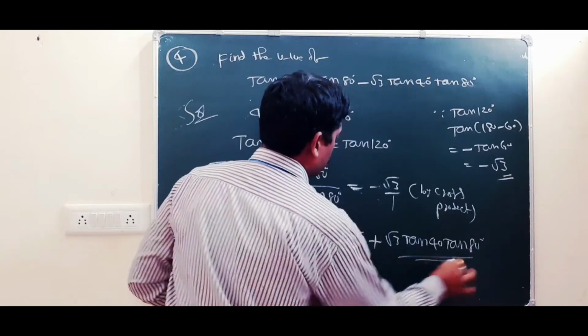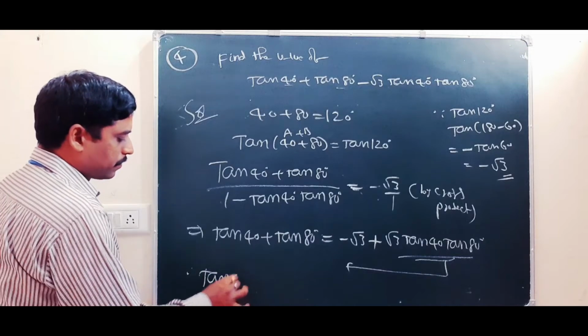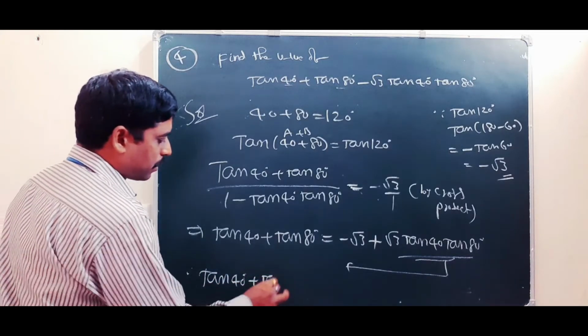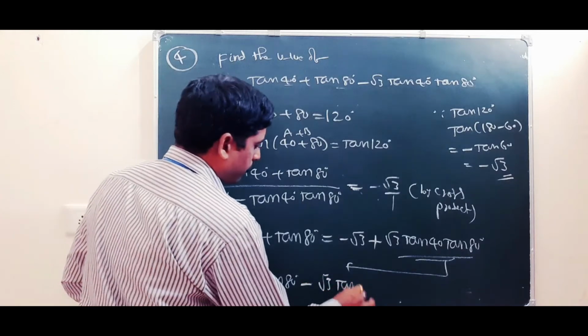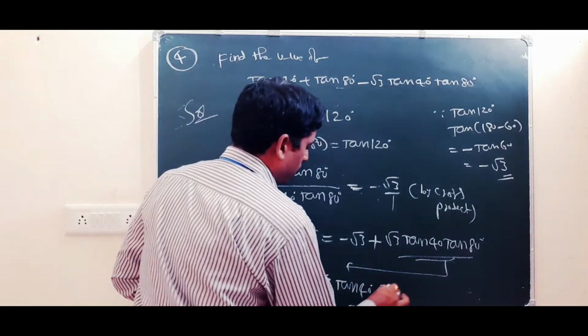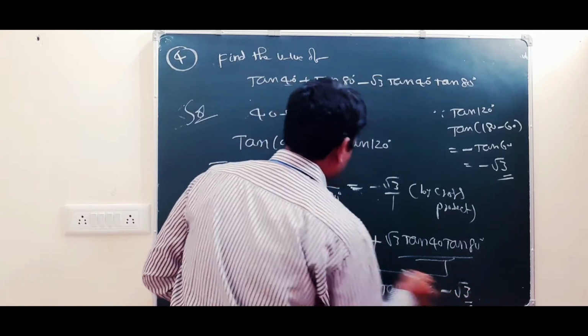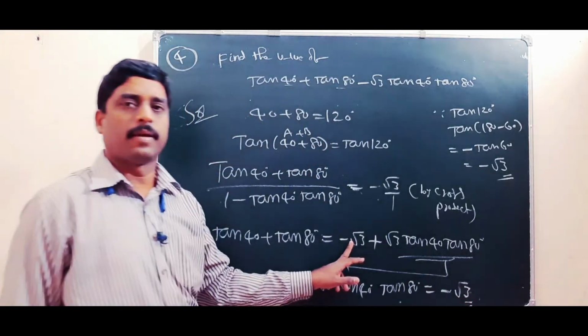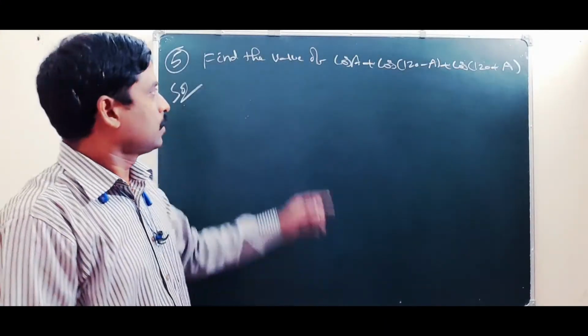Okay, this positive value bring to the left side. Therefore tan 40 plus tan 80 minus root 3 tan 40 into tan 80 equal to, what is the answer? So minus root 3 is the answer. Minus root 3 is the answer. Okay, look at the next question.